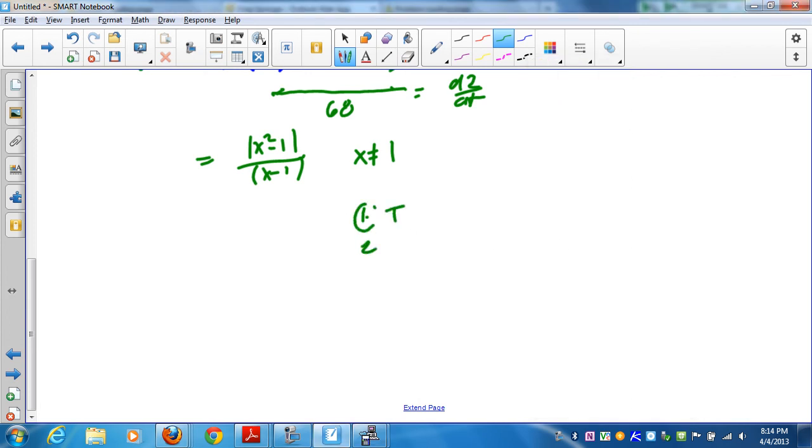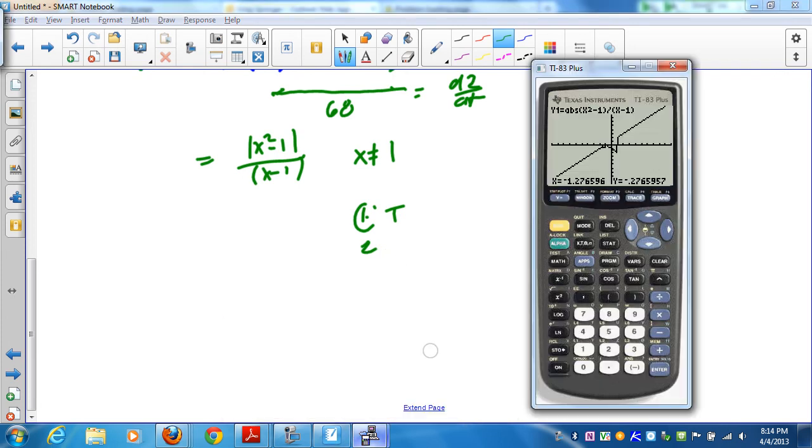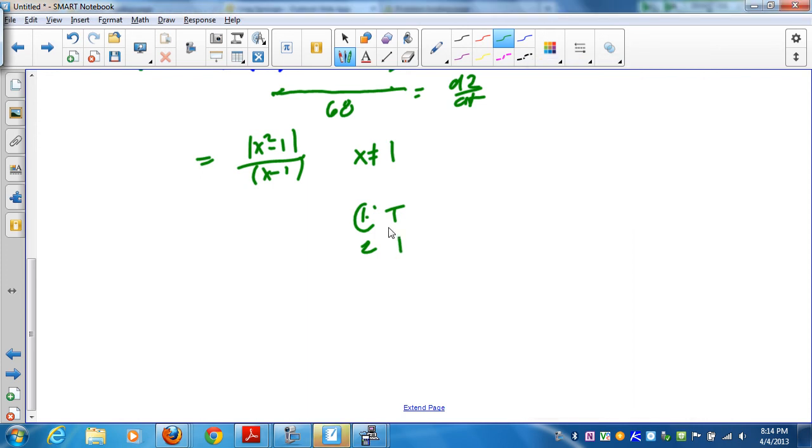Number 2 is asking us about is it differentiable at x equals 1? So at x equals 1, let's just trace it, but it looks like it's at that sharp corner there. See the sharp corner right there? So at x equals 1, it is not differentiable. So number 2 is false.